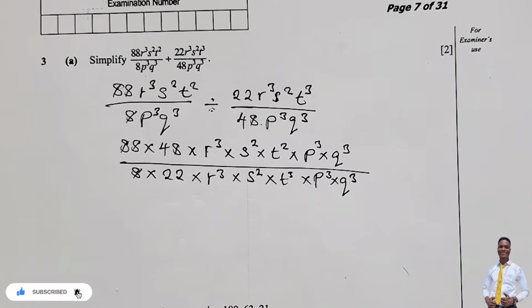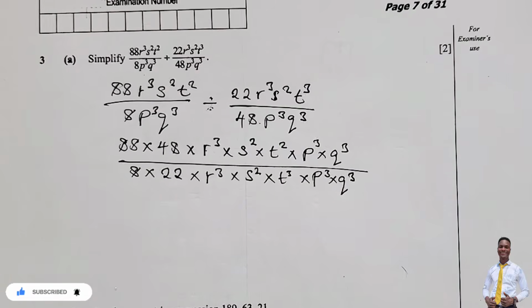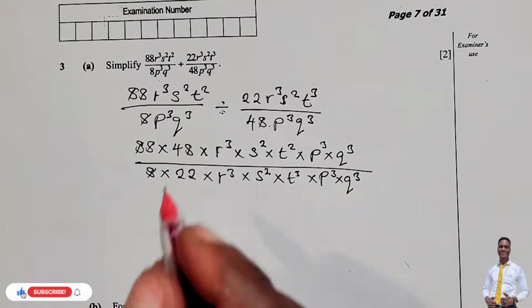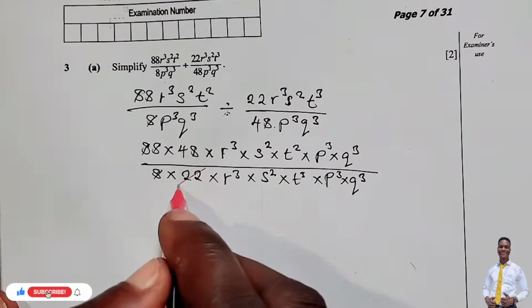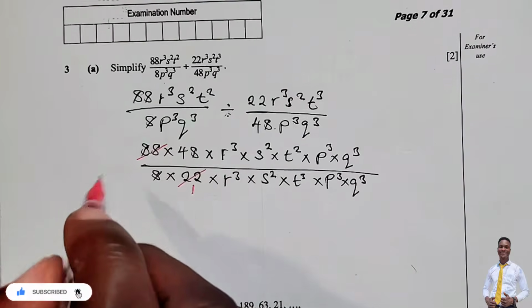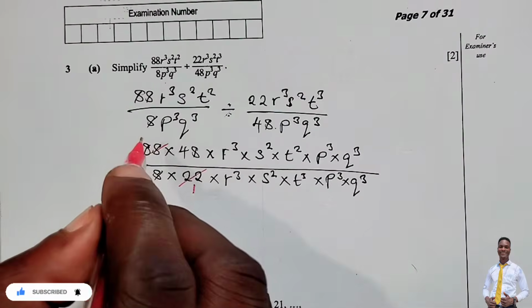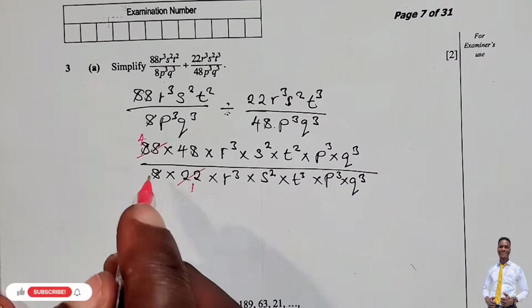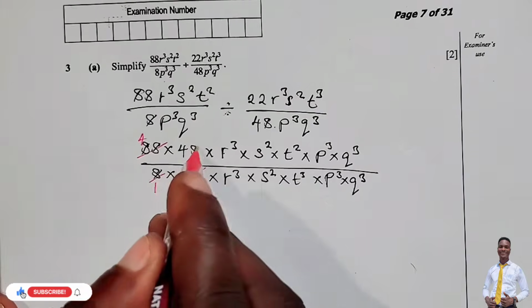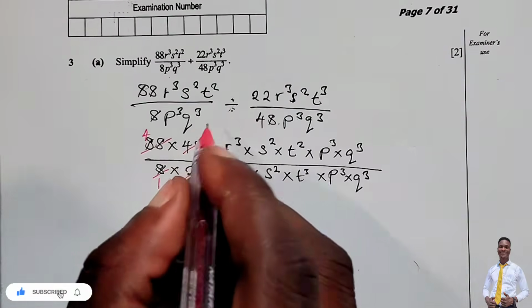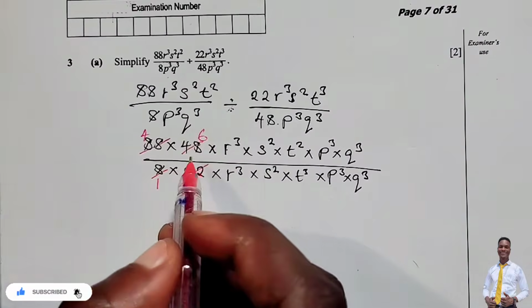Now it is easy to solve here. This is very simple. We know that 22 can go in 22 one time. 22 into 88 4 times. Then 8 into 8 1, 8 into 48 6 times.